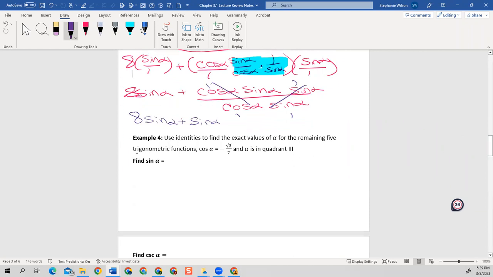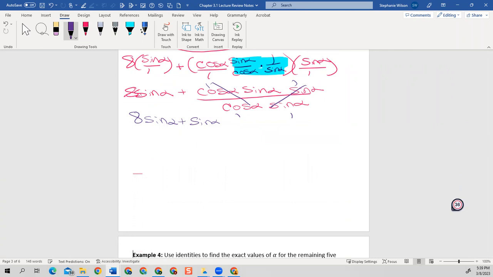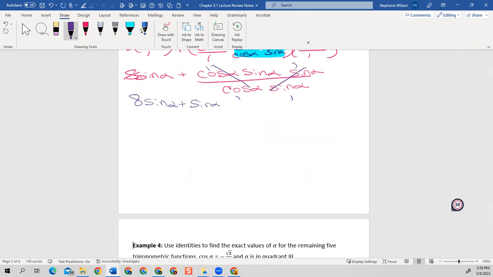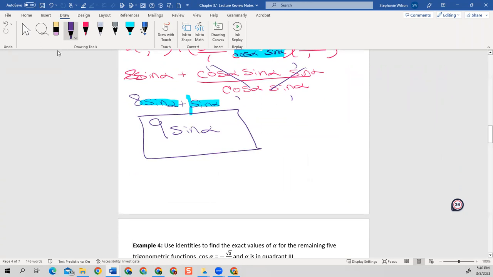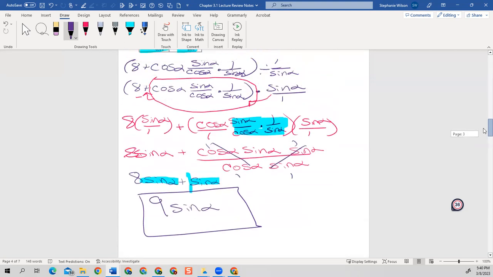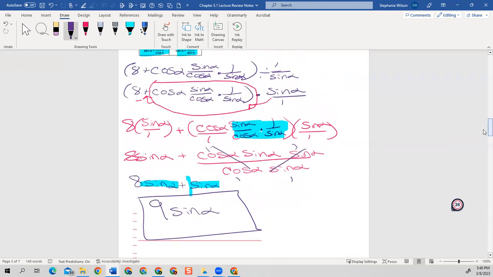Whenever we add or subtract anything, they have to be like parts, right? Well, 8 has sine alpha on it, plus there's a 1 here times that sine alpha. We add those two together and we get 9 sine alpha. And that is our final answer. So that was all basic math right there.